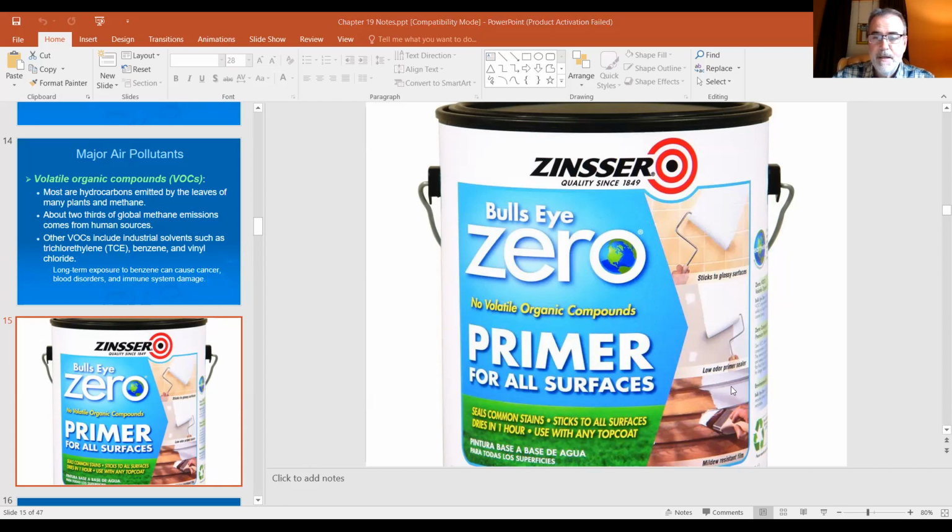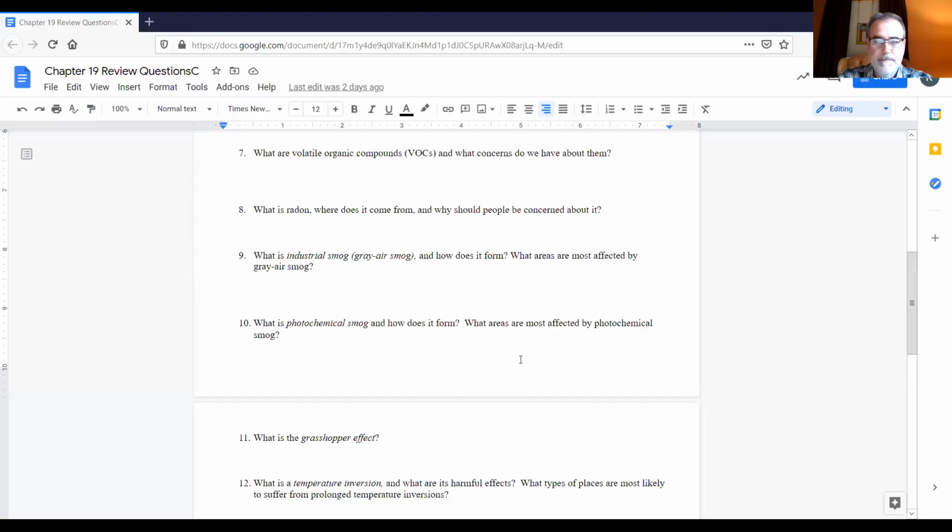Not only are those gases being released while you're painting, but even as it dries, it can still be off-gassing these gases for quite a while. And a lot of people don't like the idea of breathing those in.